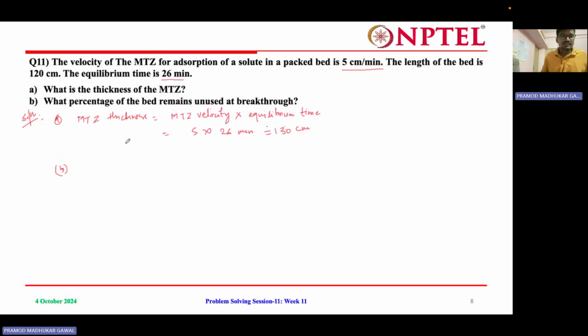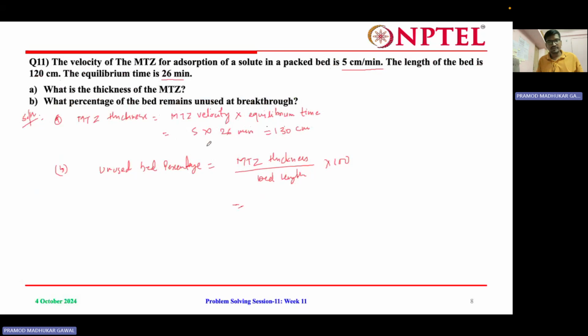The percentage of bed remains unused. To calculate this percentage, here is the formula: unused bed percentage equal to MTZ thickness divided by bed length into 100.